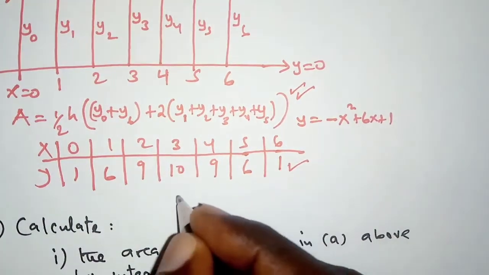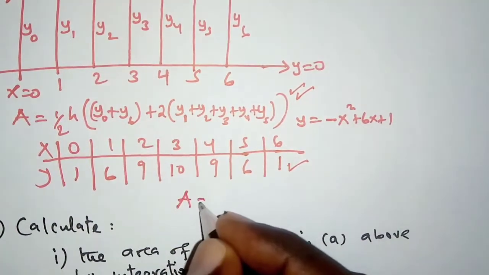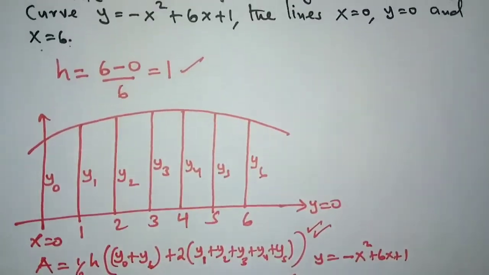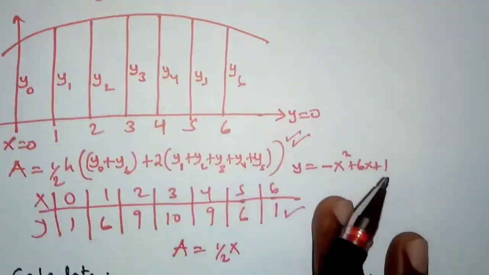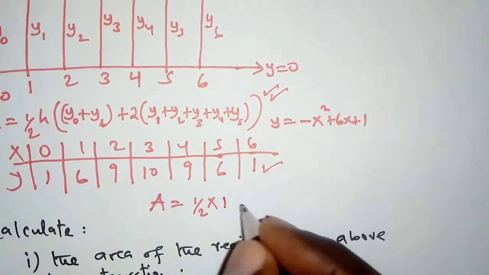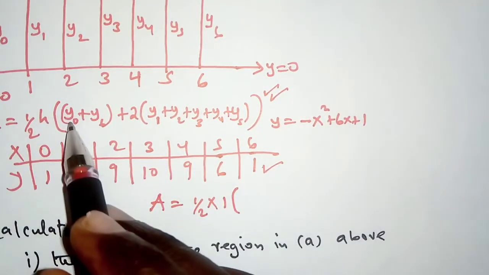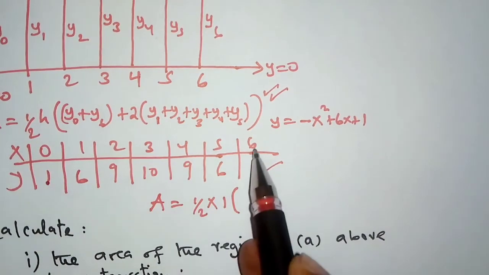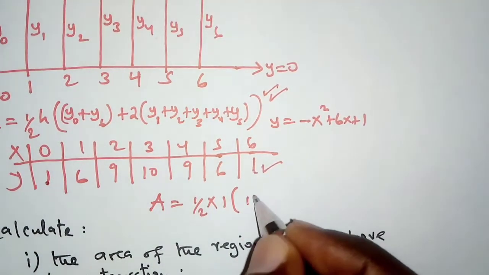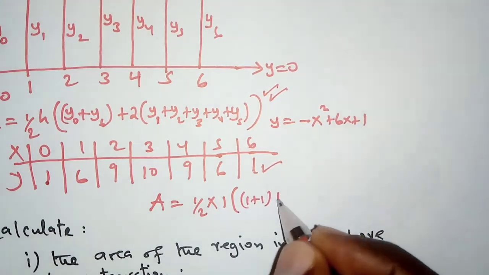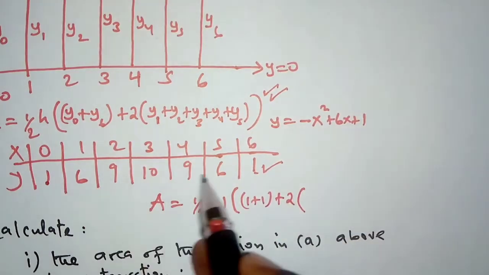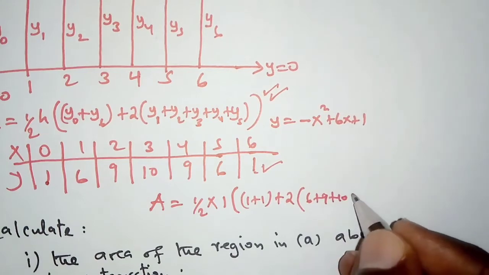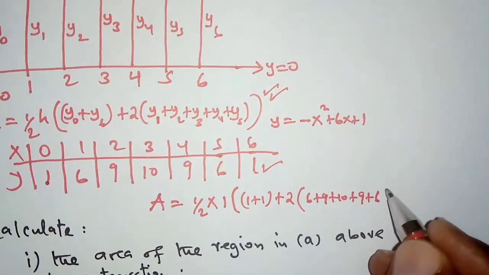So area is equal to a half times h, and h we had here as 1, so times 1 into y0 and y6, that is y when x is 0 and y when x is 6, that is 1 plus 1, plus twice the middle ones, 6 plus 9 plus 10 plus 9 plus 6.